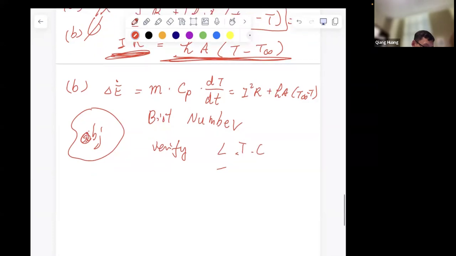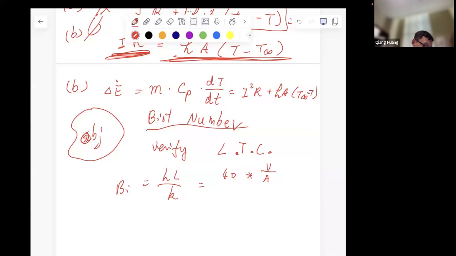Actually, I learned this ALTC from students. I never thought about this, but the lumped thermal capacitance approach. And then the way that you calculate the Biot number is this: the ratio between the conduction and the convection resistance. So what you do is the h is 40 from the problem, and the L is the ratio between the volume and the surface area.